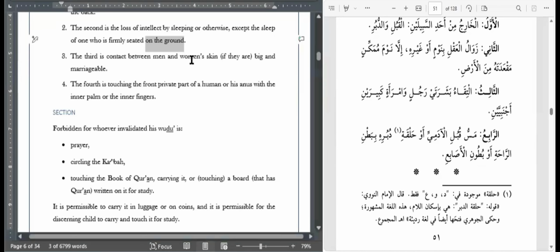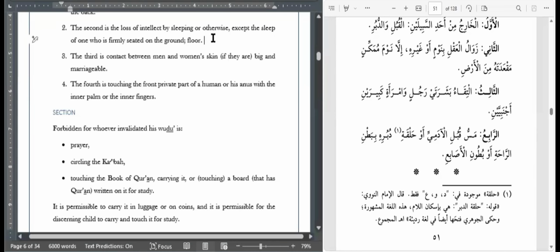The rule could even be put here in the English as ground slash floor. The word ard here can mean either of those words. It could mean the ground or the floor. Except the sleep of one who is firmly seated on the ground or firmly seated on the floor, or if we want to put a semicolon, the ground or the floor.